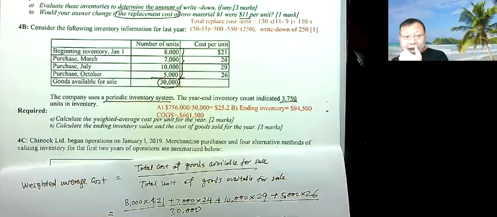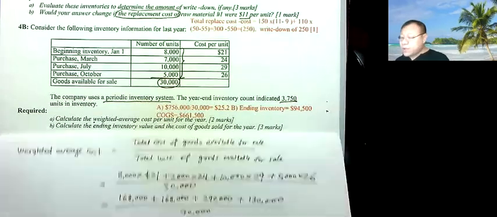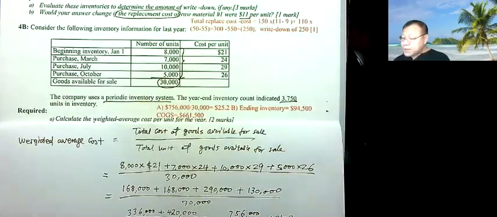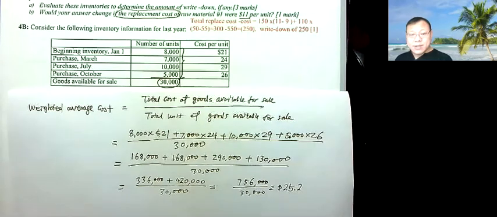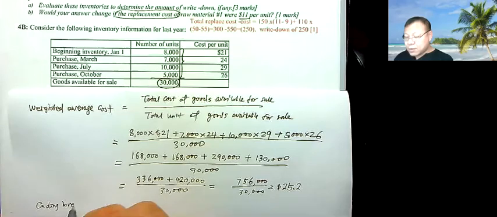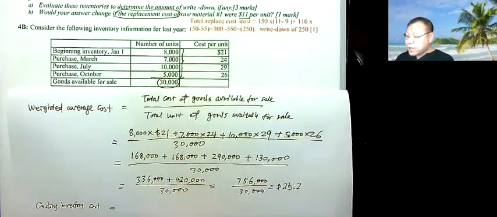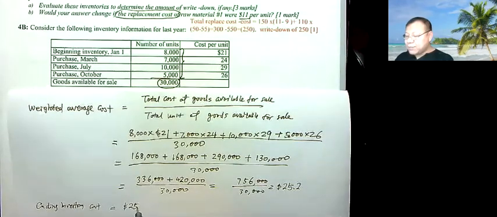Next question: calculate the ending inventory value and the cost of goods sold for the year. Okay. So ending inventory cost equals the unit cost, that's 25.2, right?